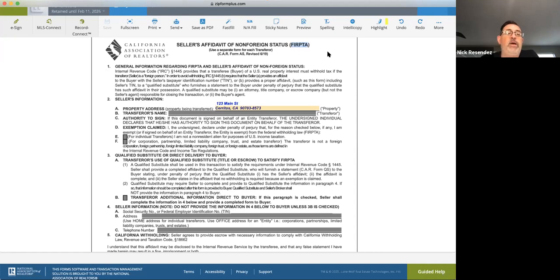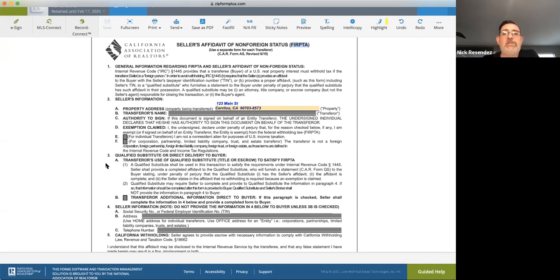What this has to do with is when we've got foreign individuals or foreign entities, corporations, partnerships, etc., when they sell a property, there's a requirement to withhold a portion of their money and send it straight to the IRS to make sure they don't leave the country without paying any capital gains taxes that they might be due. And the withholding is somewhere between 10 and 15% of the price of the property.